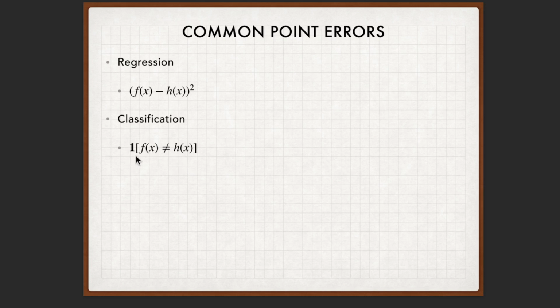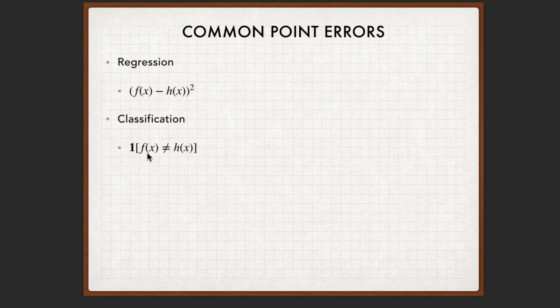And for a classification problem, this somewhat funny looking symbol represents, in the bracket, if the condition we are testing is met, then this testing function returns 1. Note that we use bold typeface for this one to represent this is a function, this is not a constant one.